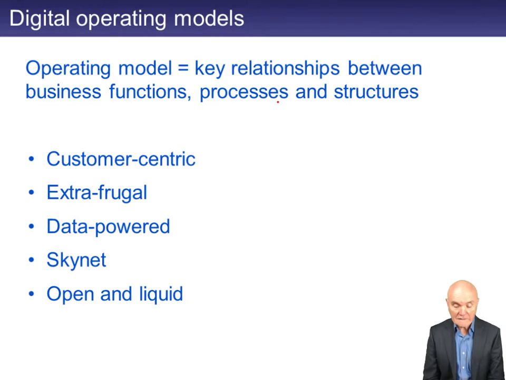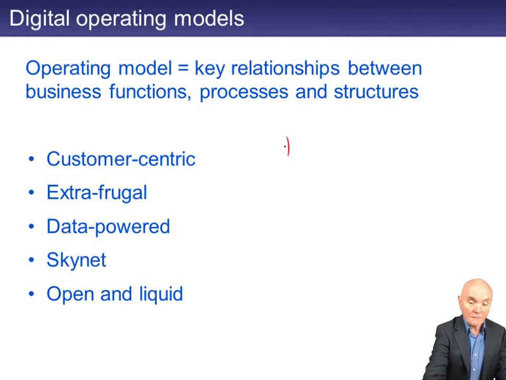Skynet. Skynet is where you use machines extensively to improve the efficiency of operations. So by harnessing the ability, say, to coordinate production and delivery, that's a form of Skynet. A famous example is Dell.